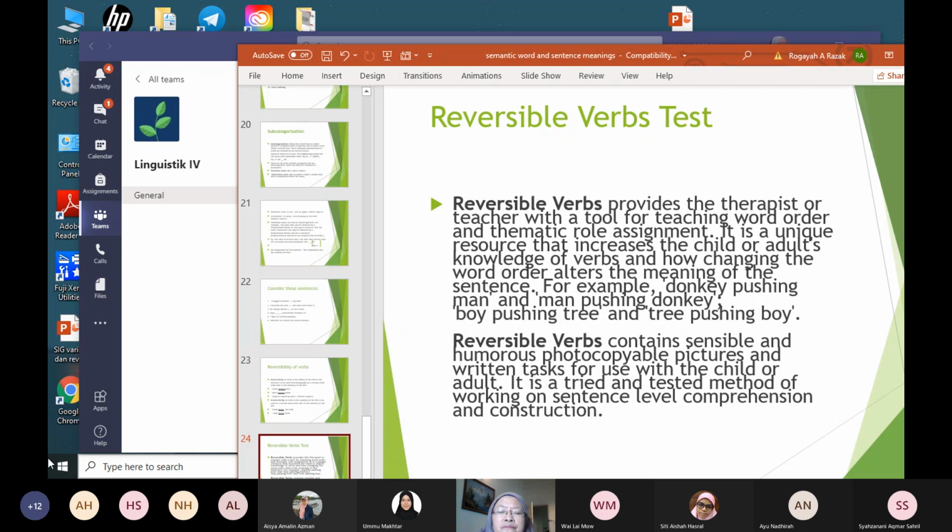Yeah, so there are things that you can do that will go with your acquired disorders course, I think. So reversible verbs contain sensible and humorous photocopiable pictures and written tasks for use with the child or adult. It is a tried and tested method of working on sentence level comprehension and construction. So this could be a therapy activity by itself lah. Okay.